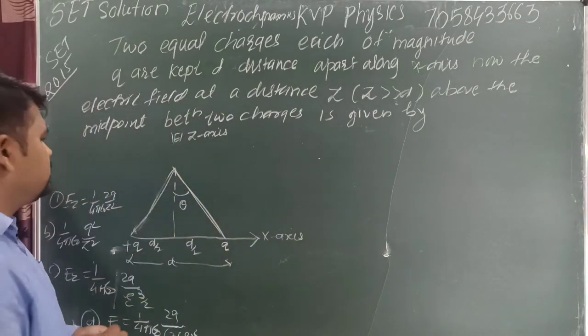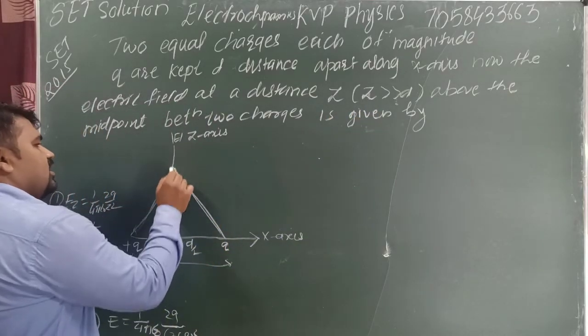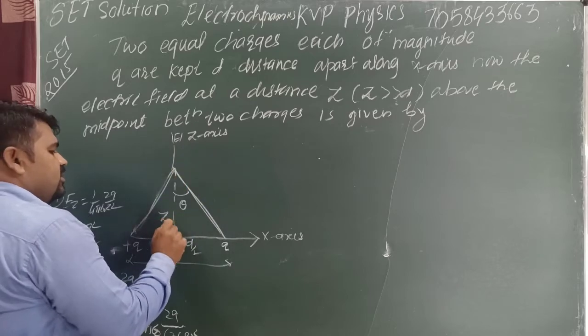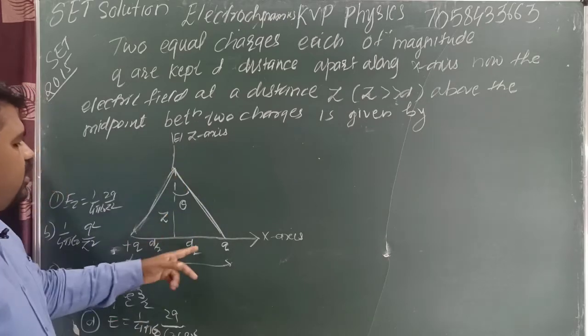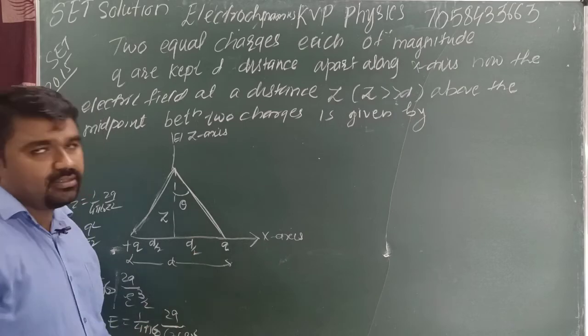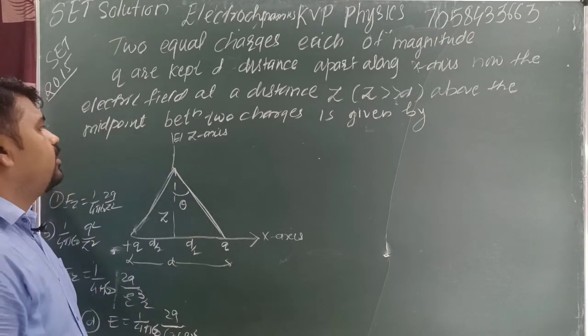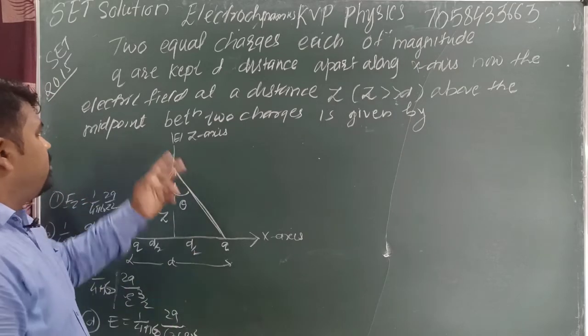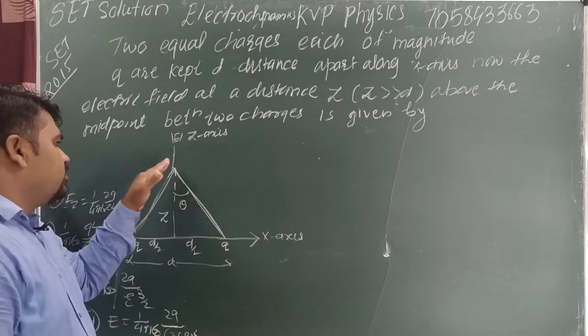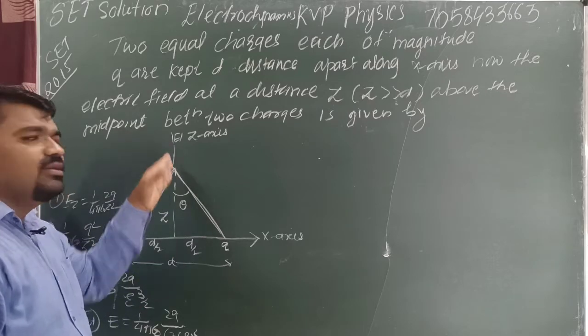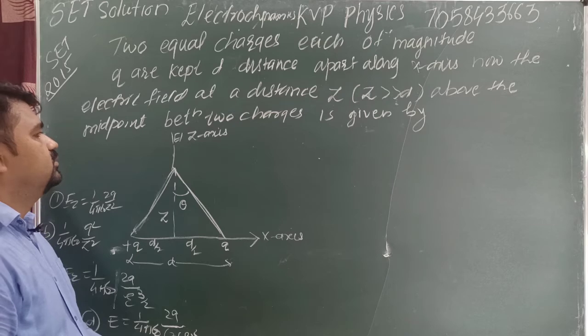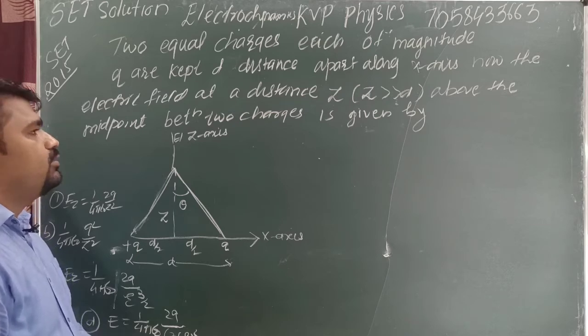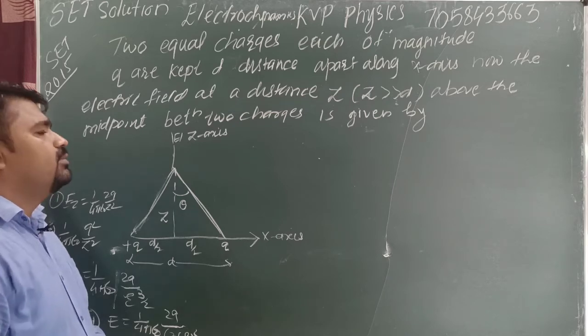Suppose we consider this one as the z-axis, and this z distance is very much greater than this d. Above the midpoint, we need to find the electric field at the middle of this distance d, between the two charges, E1 is given by this one.